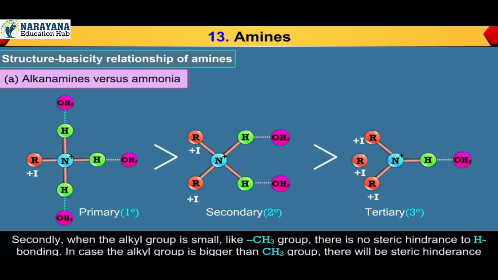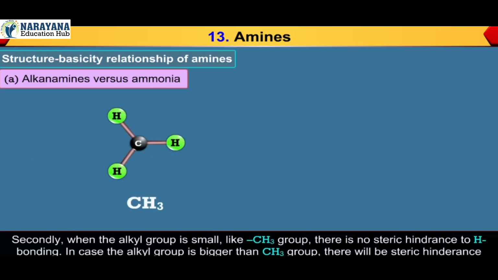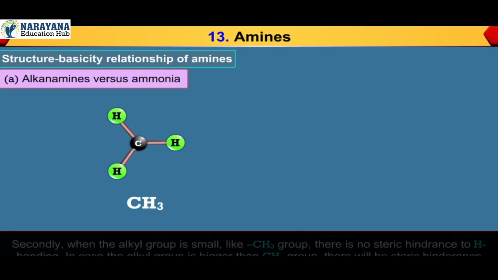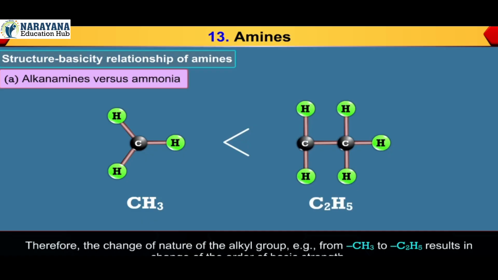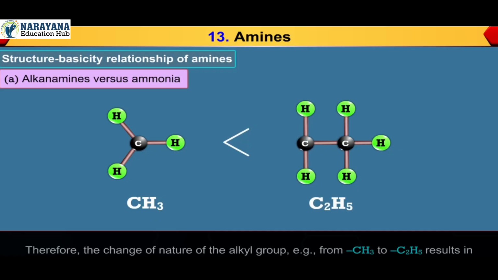Secondly, when the alkyl group is small, like the CH3 group, there is no steric hindrance to hydrogen bonding. In case the alkyl group is bigger than the methyl group, there will be steric hindrance to hydrogen bonding. Therefore, the change of the alkyl group, for example, from methyl to ethyl, results in change of the order of basic strength.